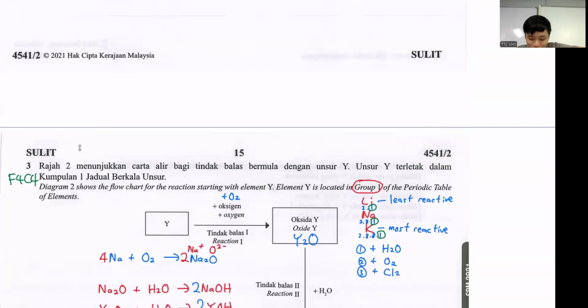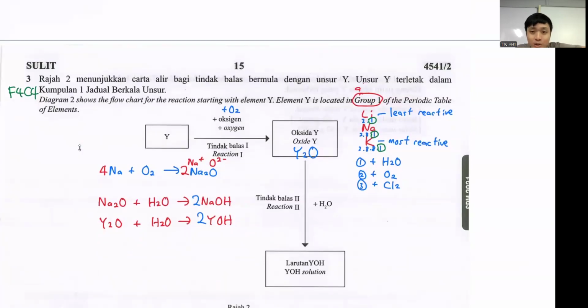Okay. So you know, Group 1 actually is called alkaline metal. When you dissolve this alkaline metal into water, it can show its alkaline properties, right? Like for example YOH, inside it shows OH minus.